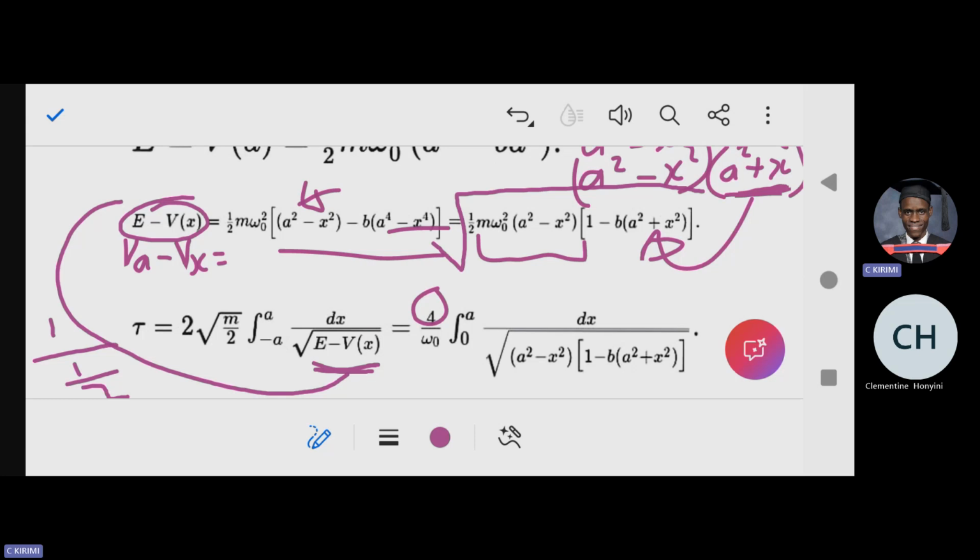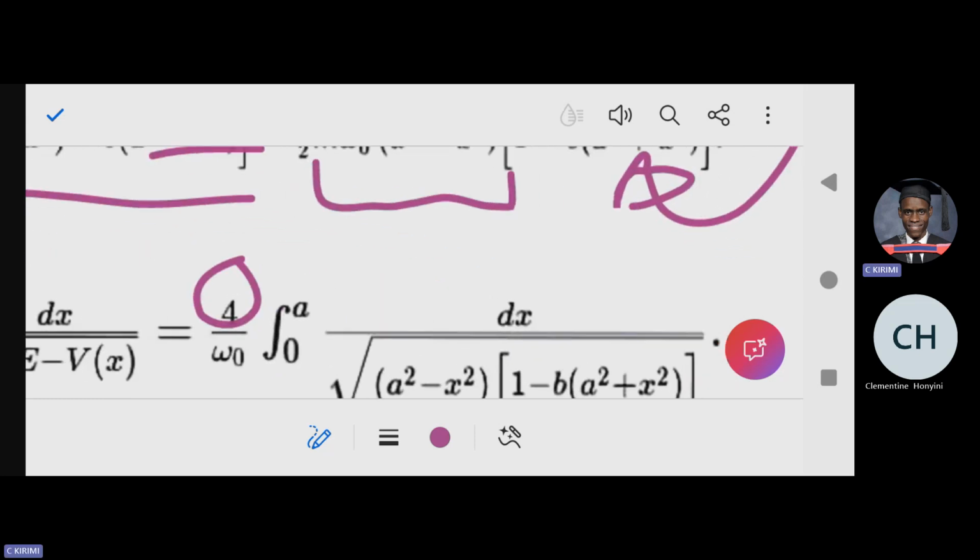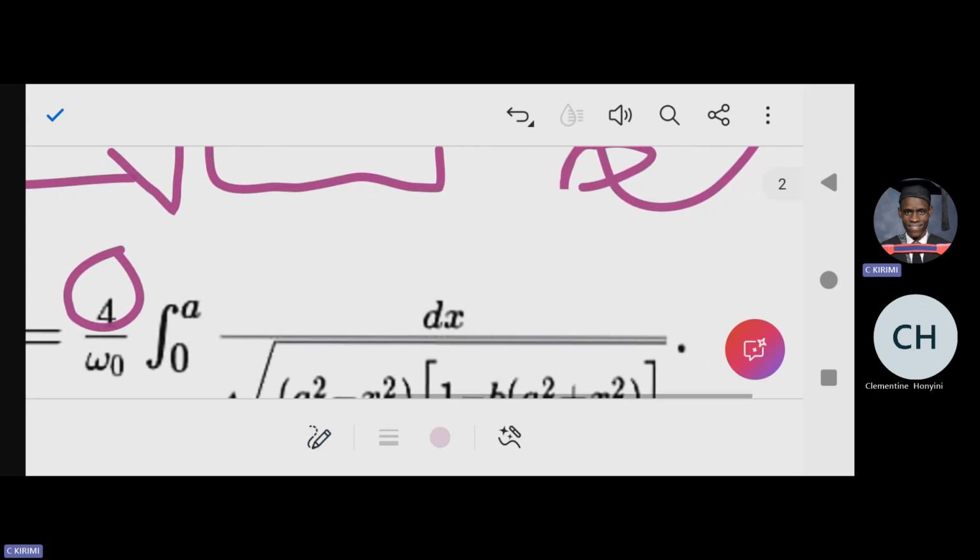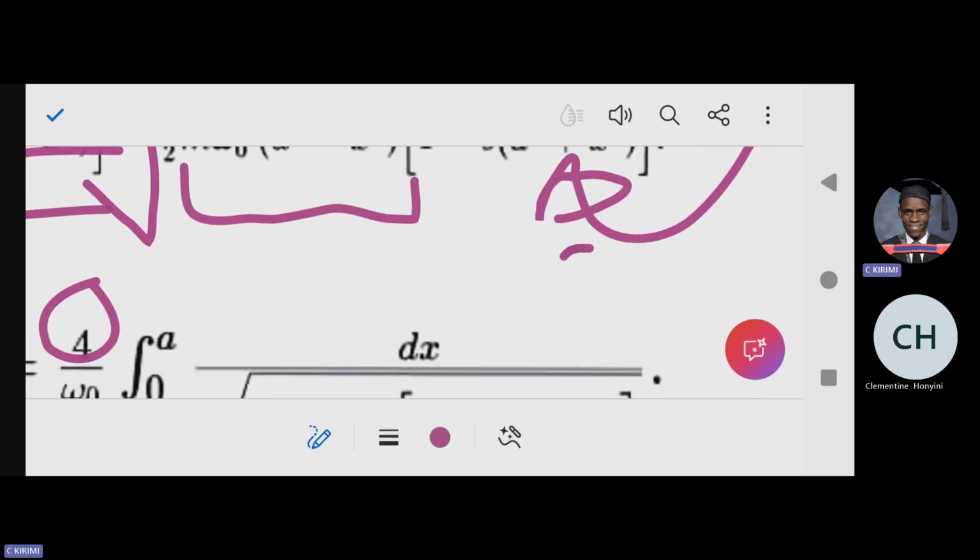So we are integrating from minus a to a. And there is a 2. If it's minus a to a, we are having 2 like this. We are integrating something from minus a to a. And what are you integrating?